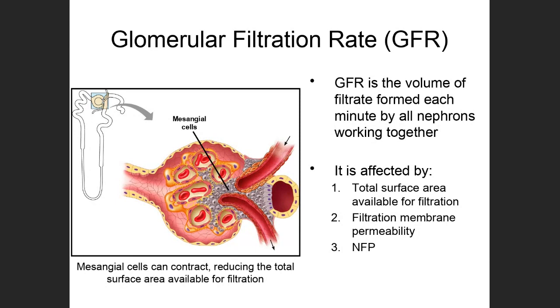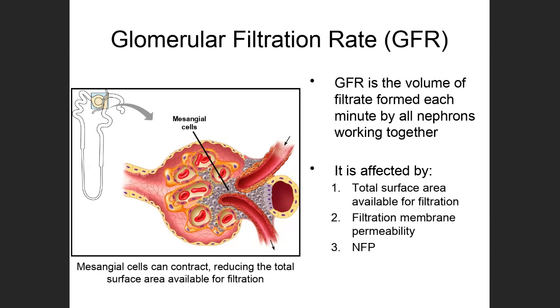And typically what we see is the kidneys try to regulate the GFR and keep it within that area. We don't want GFR getting really high under most circumstances, and we don't want it getting really low under most circumstances. We want the kidneys chugging along, producing filtrate at this rate of 125 milliliters a minute.